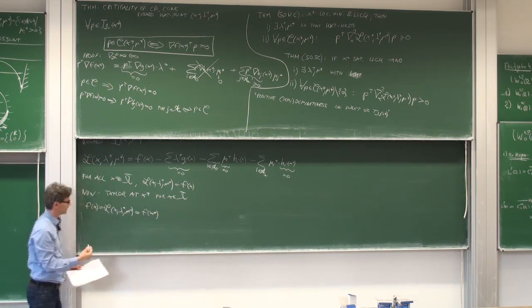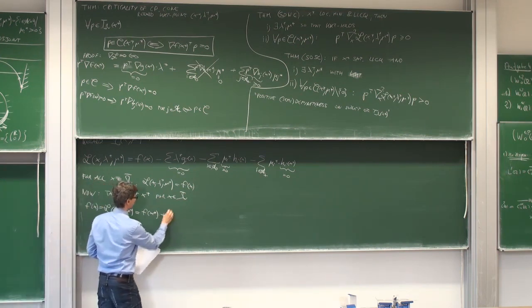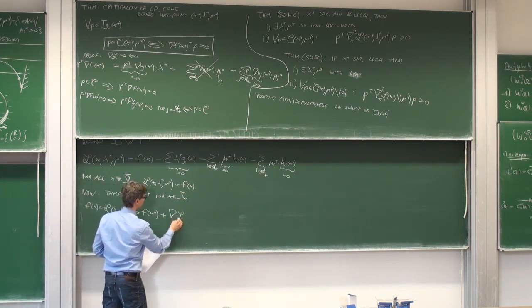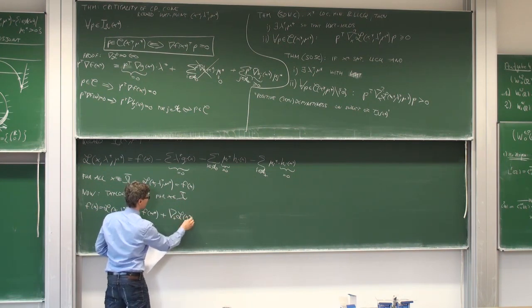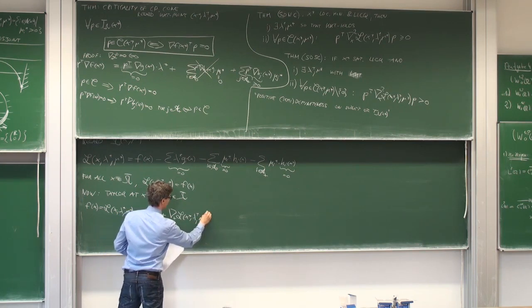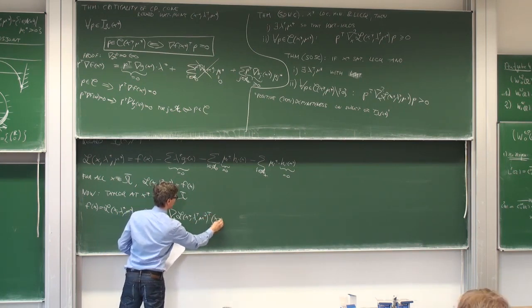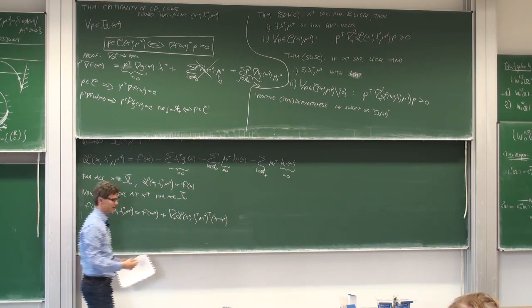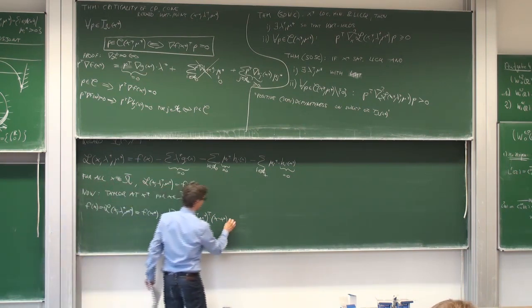So that's the objective value here, plus a first order term. Then I take the Lagrange gradient at x star, lambda star, mu star, transpose times x minus x star. So that's the first order term. I also add the second order term.